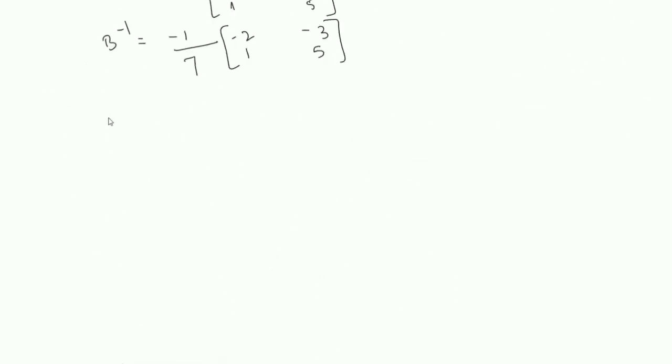Now we have to find A, because the question is to find the matrix A. The matrix A is C into B inverse. We found B inverse, and C is already there in the question.